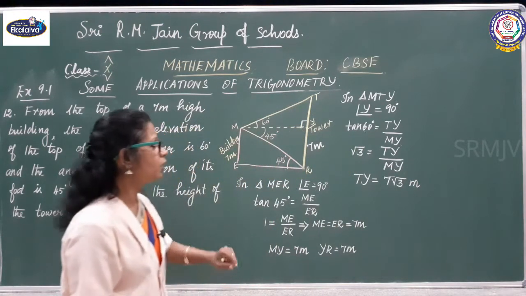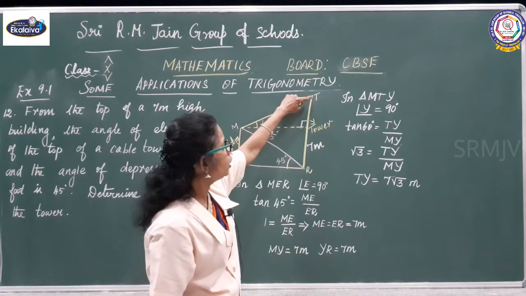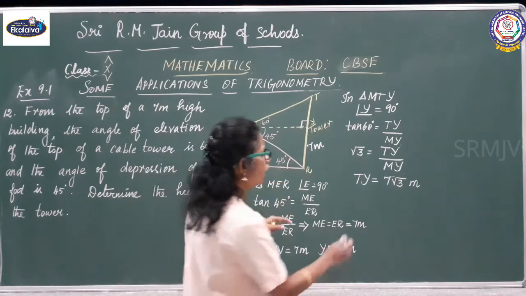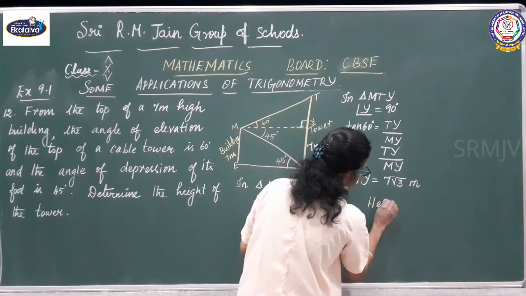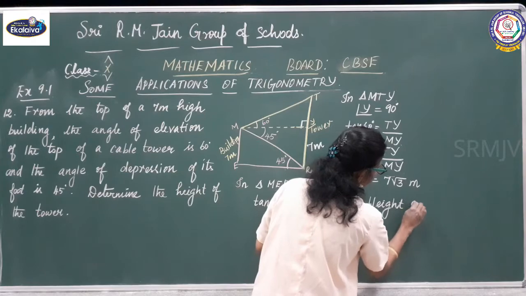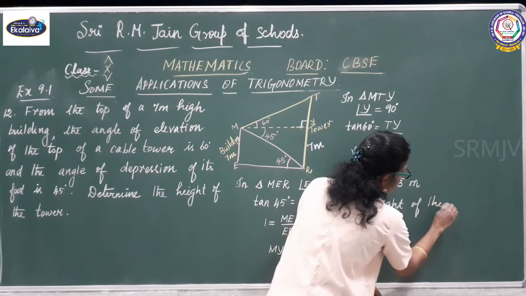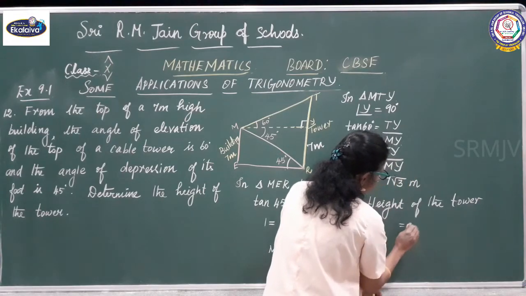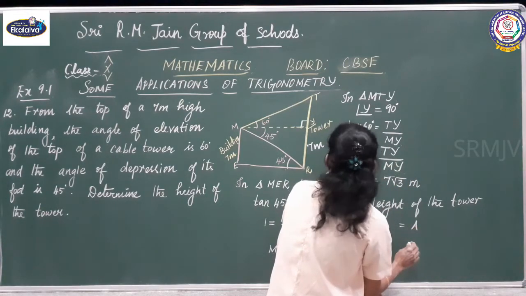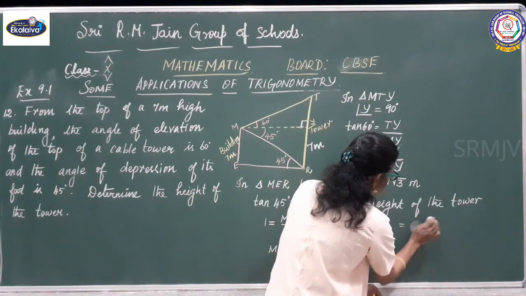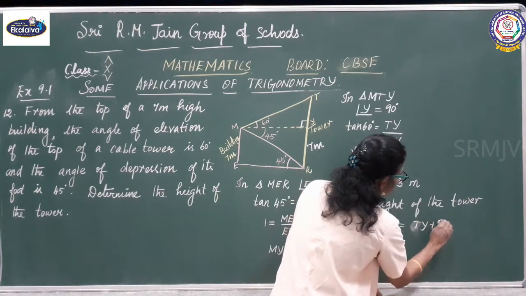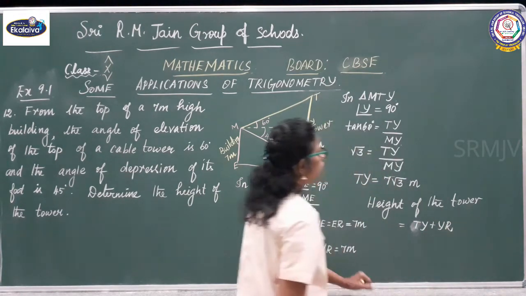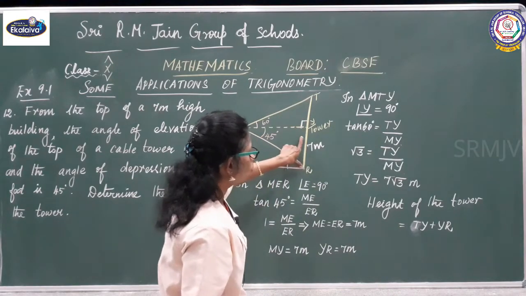7 root 3 meter. They are asking to find height of the tower. Height of the tower equal to TY plus YR.